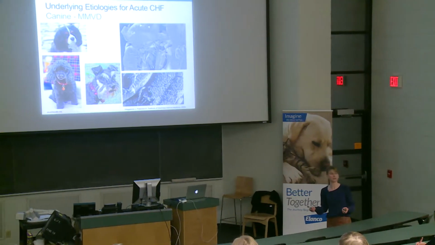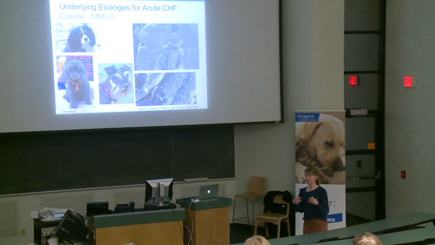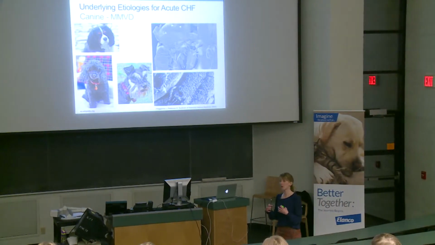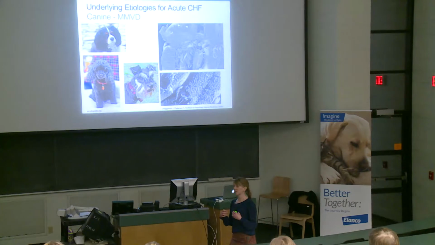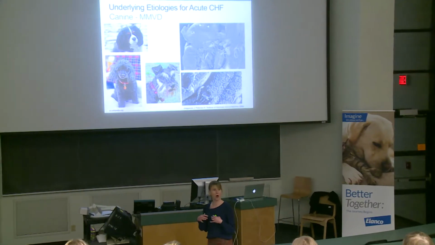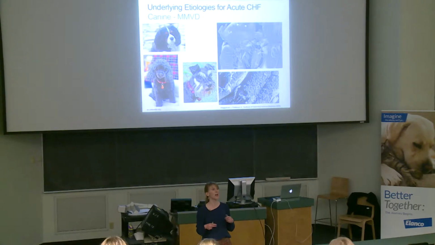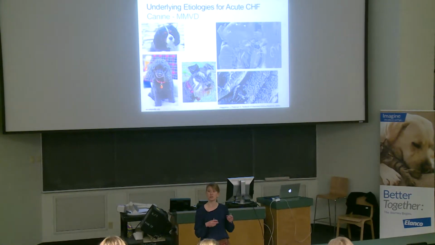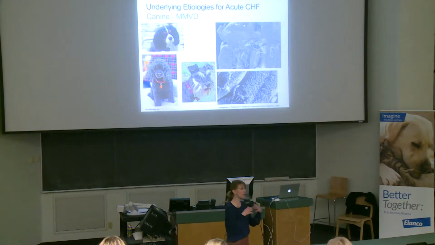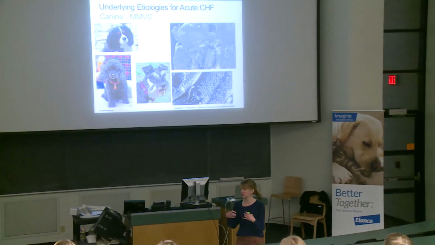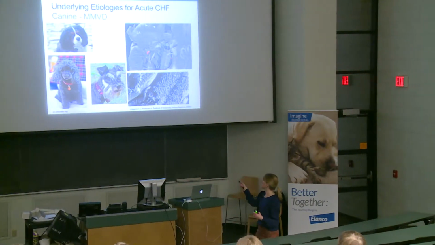Specifically, there is an increase in the glycosaminoglycan component of the valve. There is fragmentation of the collagen and disruption of the normal collagen within that valve. And it results in these gross changes, these contracted, thickened, knobby-looking leaflets that don't coapt well.